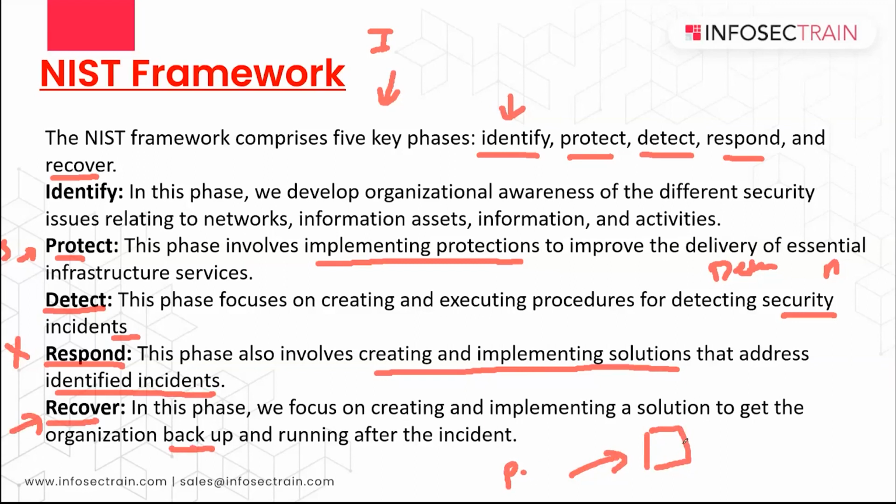If any malware has been installed, remove that malware, format the device, recover it, and bring it back online. So this is for threat intel as per the NIST framework. We go through five steps: identification, protect, detect, respond, and recover.